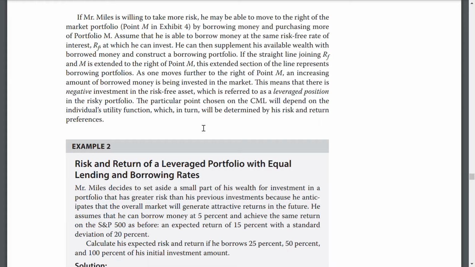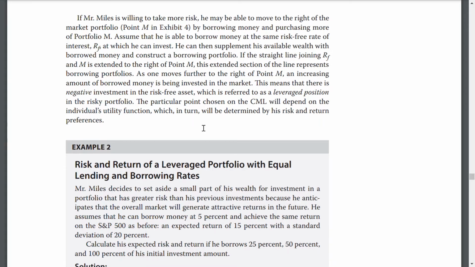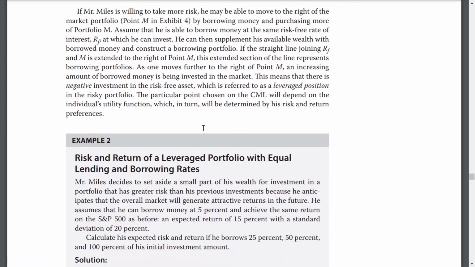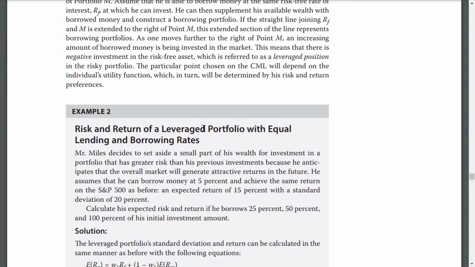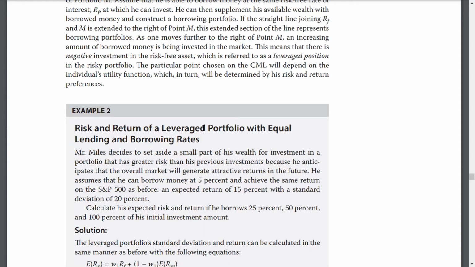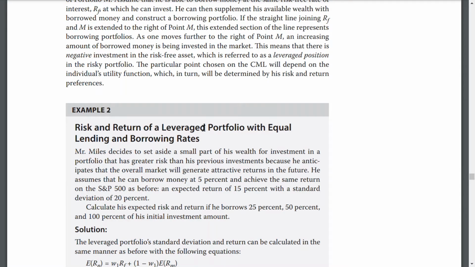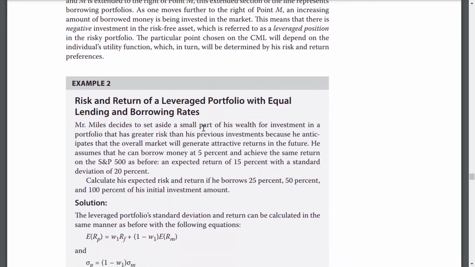As one moves further to the right of point M, an increasing amount of borrowed money is being invested in the market. This means that there is negative investment in the risk-free asset, which is referred to as a leveraged position in the risky portfolio. The particular point chosen on the CML will depend on the individual's utility function, which in turn will be determined by their risk and return preferences. So it's a trade-off between risk and return.